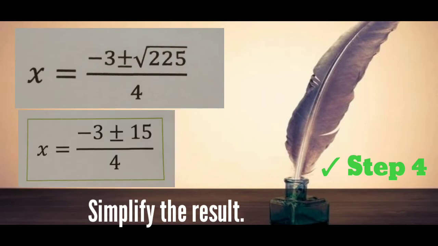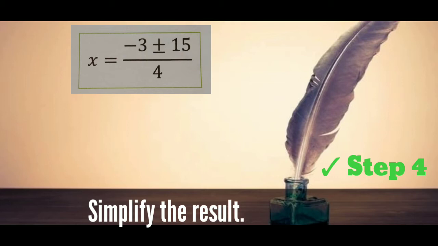Okay, so let's continue. x equals, just copy negative 3, plus or minus, then the square root of 225 is 15. So we have negative 3 plus or minus 15 over, just copy 4. So we have x equals negative 3 plus or minus 15 over 4.